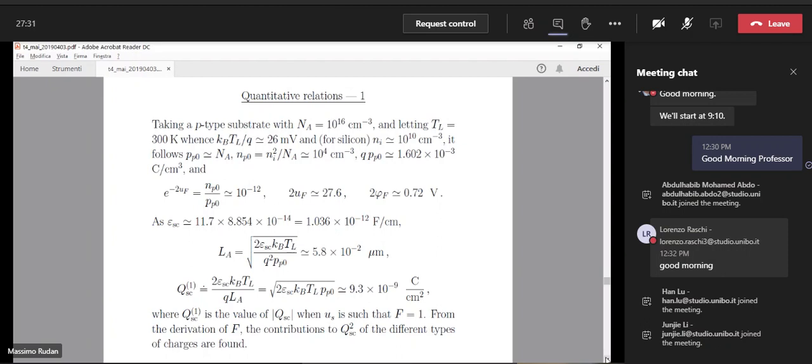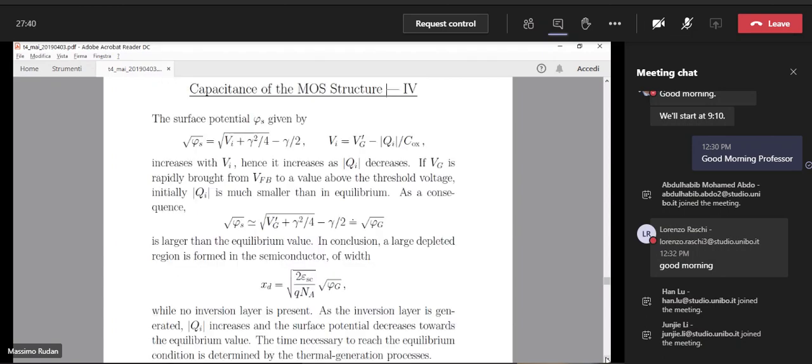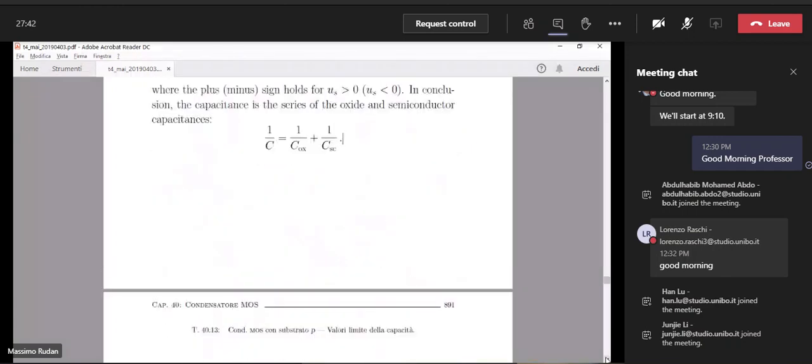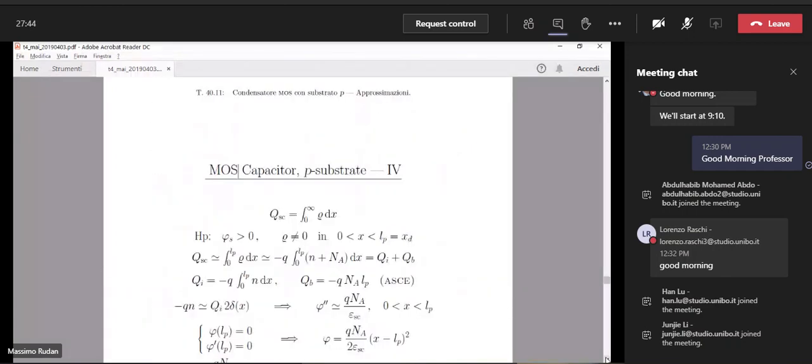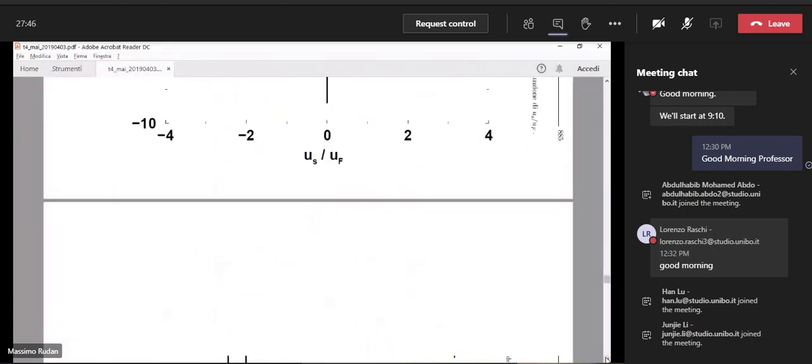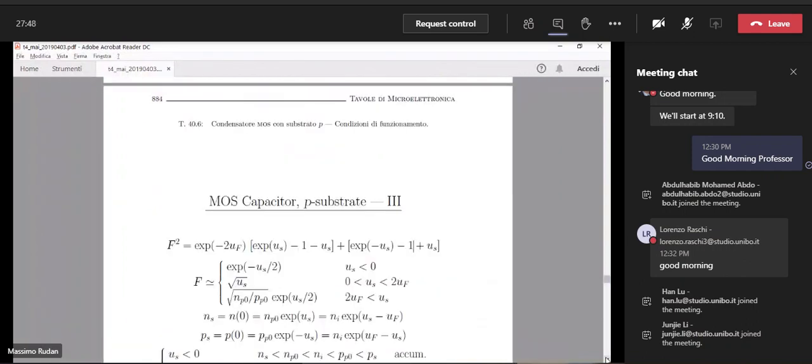In the calculations, we at some point found out the function F. You remember this function F is rather complicated. Here you have F squared, okay?